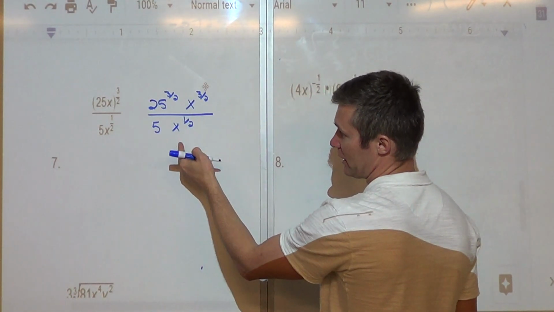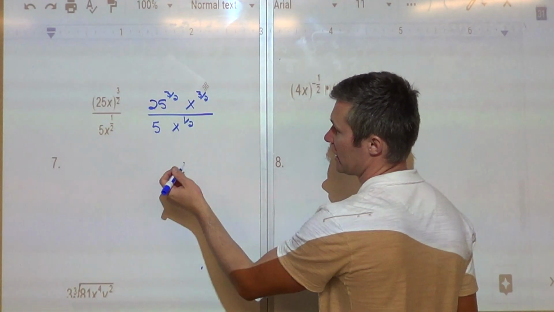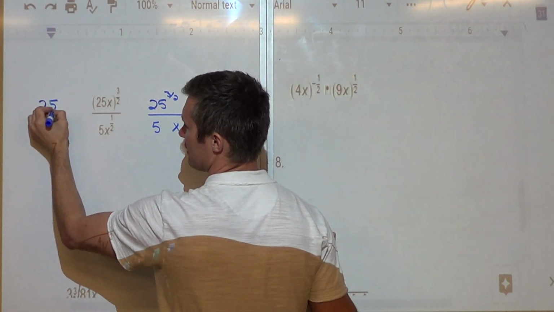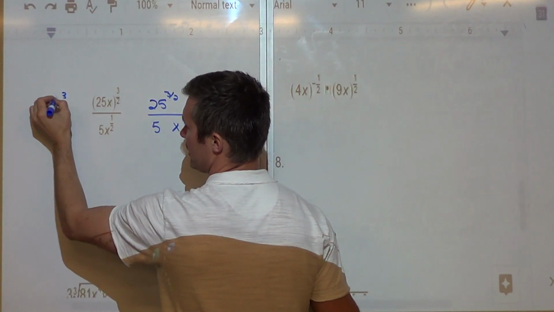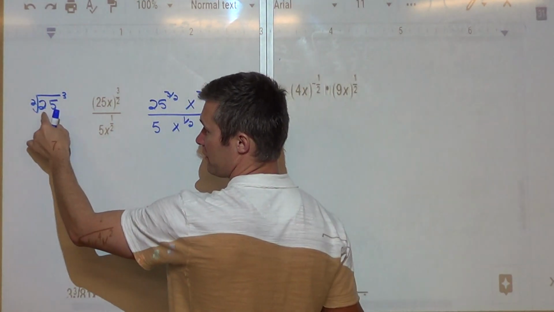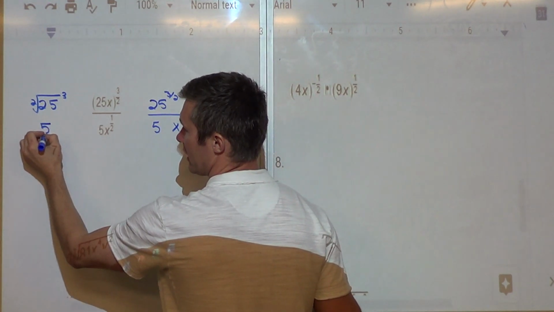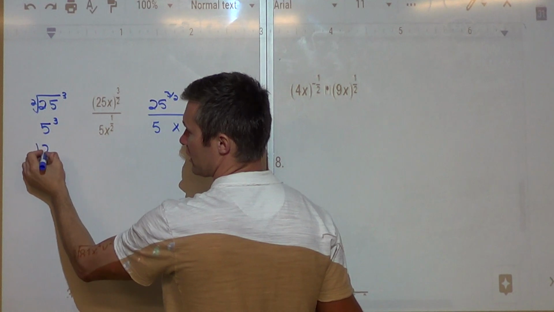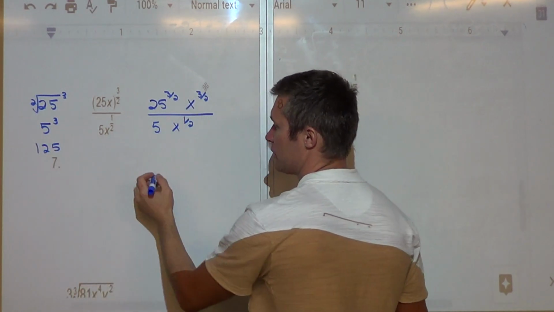For the 25, I'll kind of work off to the side. 25 raised to the power of 3, root of 2. Okay, what's the square root of 25? That would be 5 to the 3rd power. And then 5 to the 3rd power is 125.